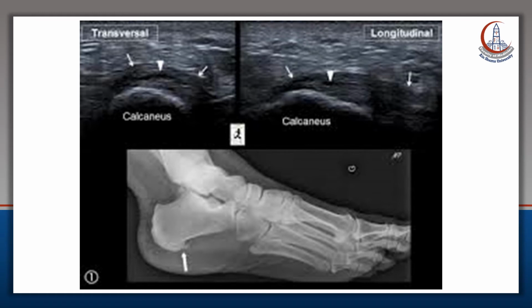By the way, the calcaneal spur does not arise at the site of attachment of plantar fascia to calcaneum. However, it arises at the site of attachment of the overlying muscle, that's flexor digitorum brevis, with calcaneum, and its protrusion downward into the plantar fascia results in its irritation and inflammation.